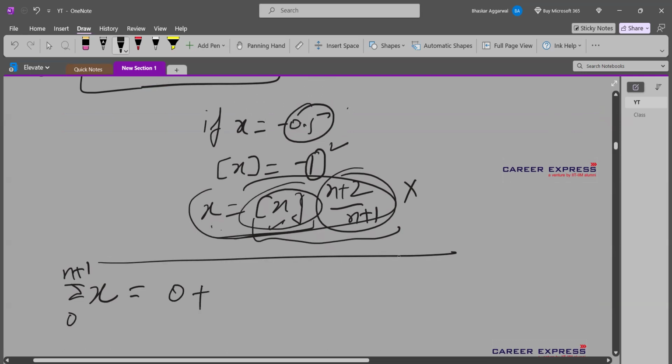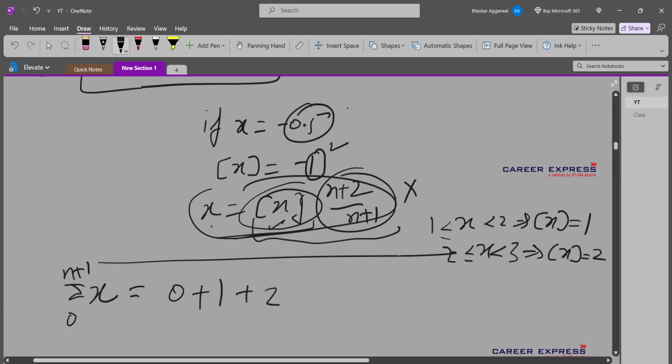If x is from 1 to 2, box x will be 1. So 1. And similarly, if x is from 2 to 3, then box x will be 2. So 2, and so on. When x is from n to n plus 1, box x will be n. So the last number will be n.